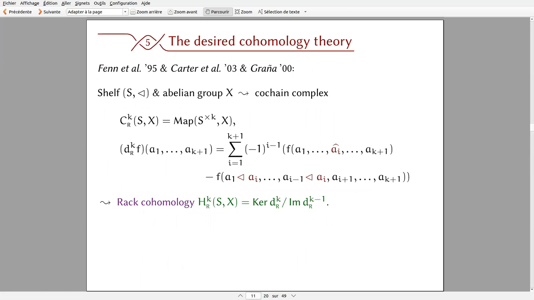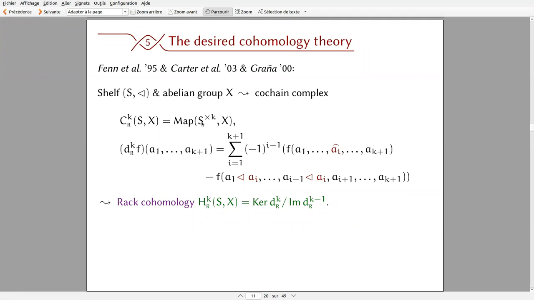And the good thing is that such a theory has been constructed, and you can write the construction explicitly in 2 lines. You start with a shelf and an abelian group, which will play the role of coefficients. Usually we take integers or integers modulo M, and you consider the cochain complex.